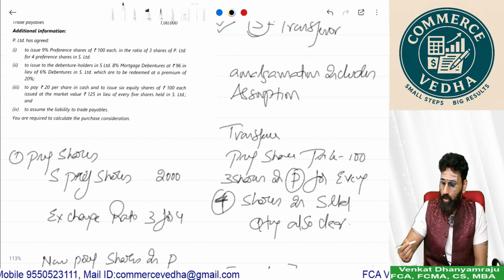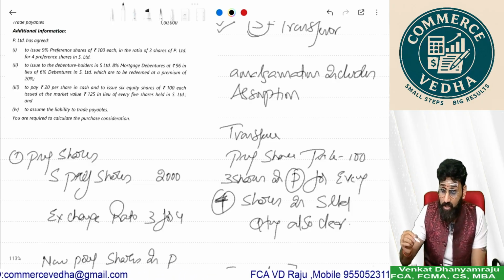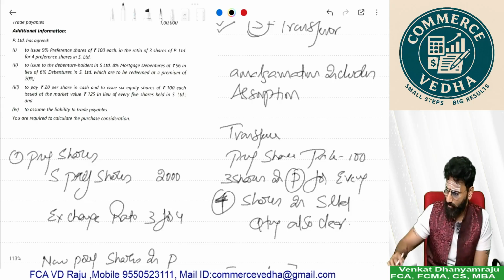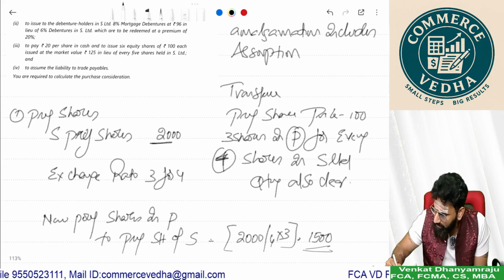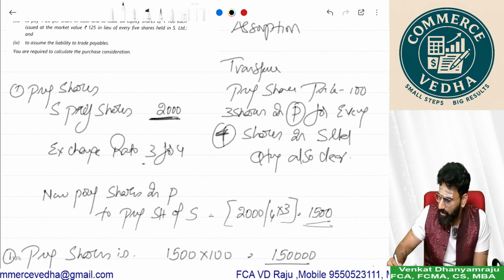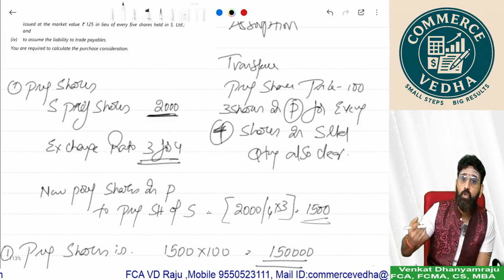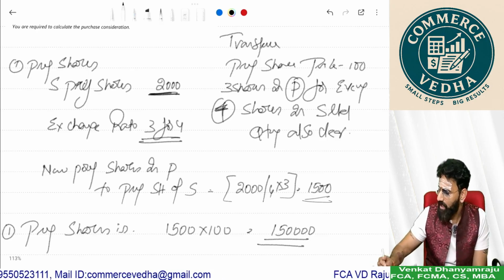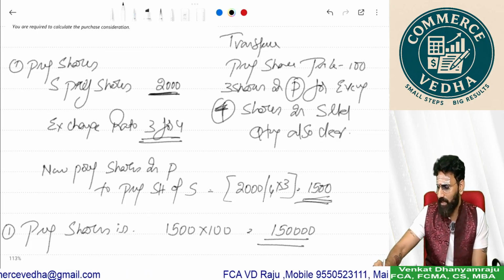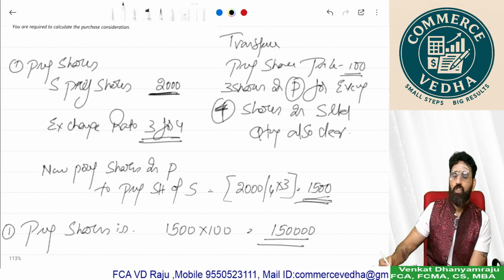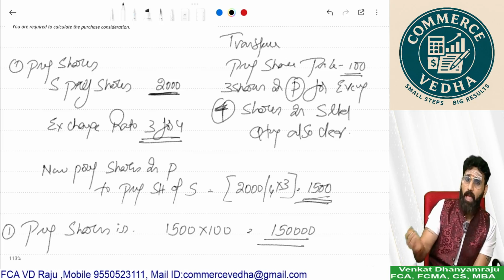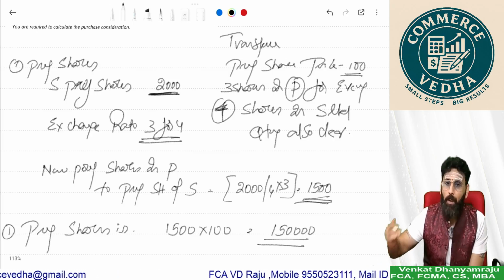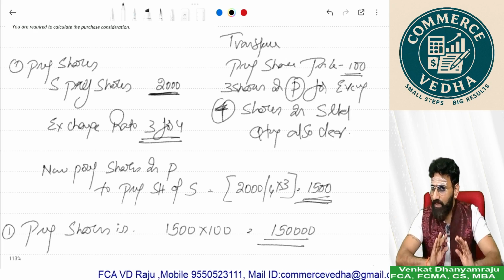It says to issue 9% preference shares of 100 each in the ratio of 3 for every 4 in S. So total preference shares in S are 2000, ratio 3:4, new shares to be issued in P to the shareholders of S is 2000 by 4 into 3, 1500, and the price is 100. So the preference shareholders of S Limited will get 1,50,000 worth of preference shares of P Limited. This is one part of the consideration.